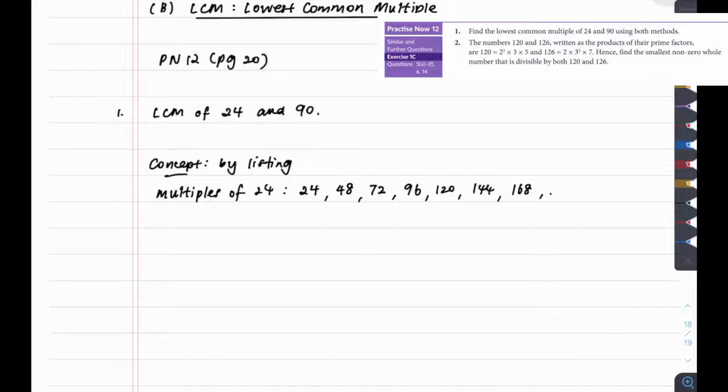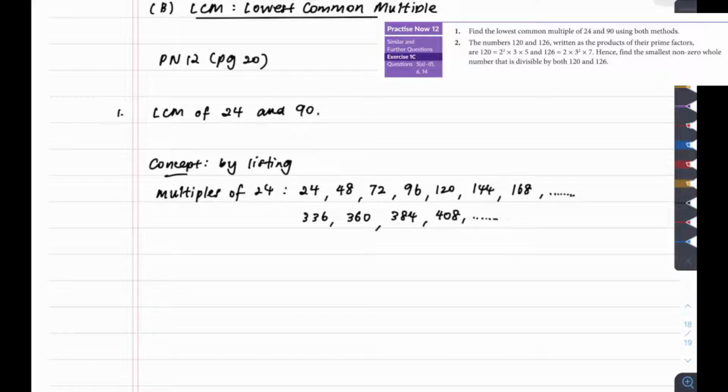In order to save time, I'm going to go all the way to 336, 360, 384, 408, and so on and so forth. Because the number is actually quite big, in the favor of time, we don't list them all down. But the concept is that we still need to list them down.